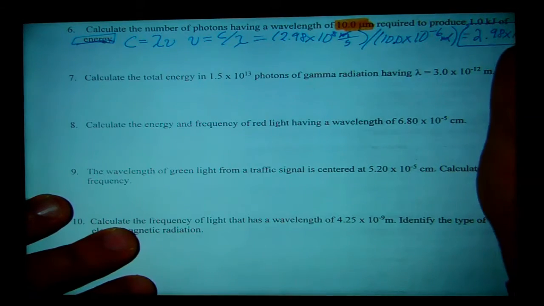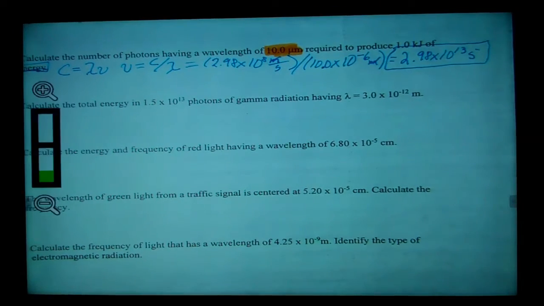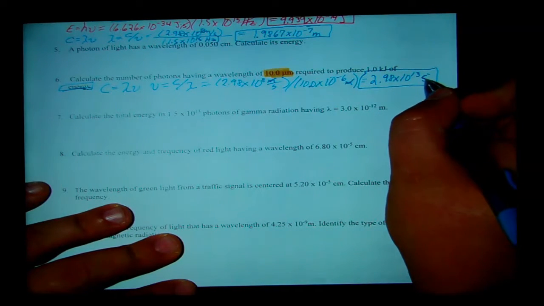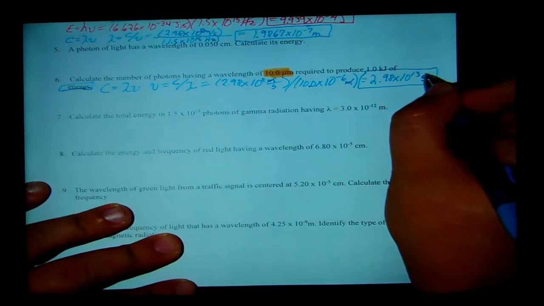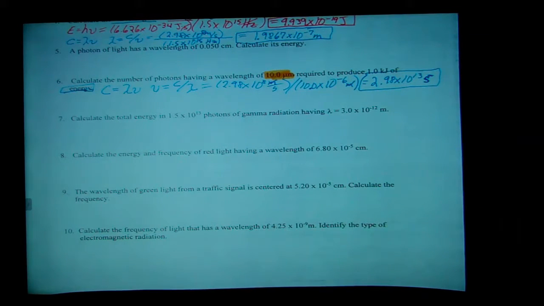That's equal to hertz. I wrote it like this so if you see it on a quiz or something, you don't freak out. Inverse seconds, that second to the negative power, is equal to hertz.